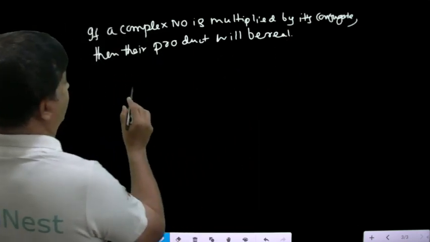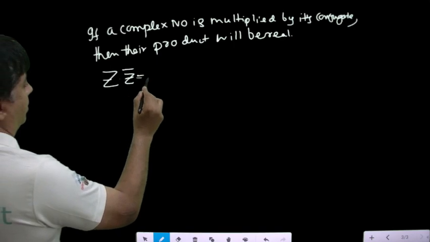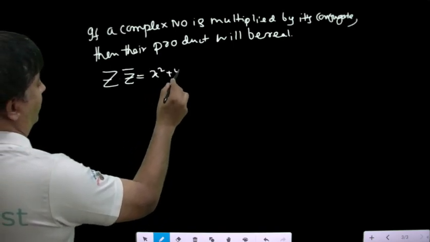Okay. So z into z bar is equal to x square plus y square.